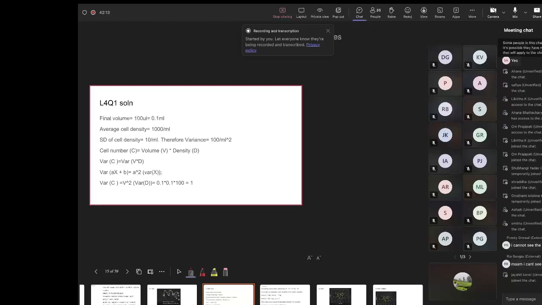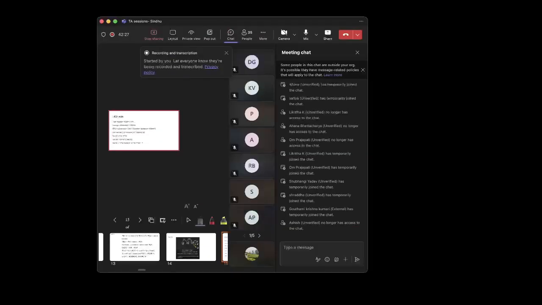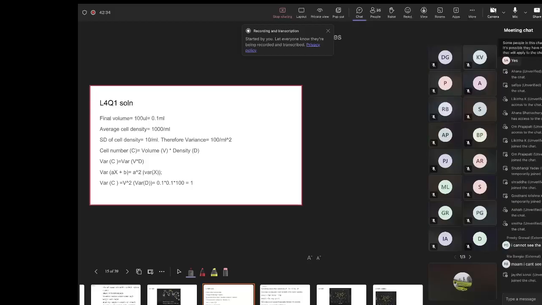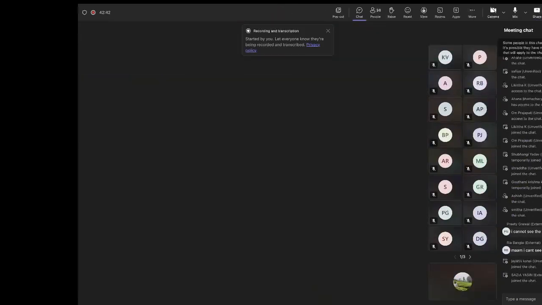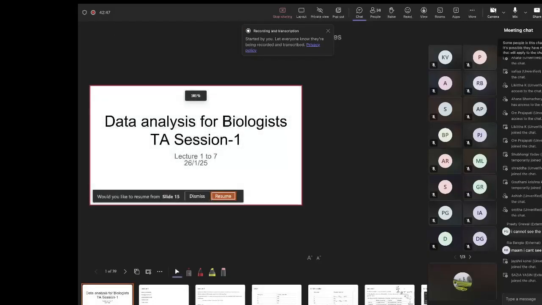So now I have shared the slides in the presentation mode itself, within Teams itself. So if you open the Teams window, can you check if you see it? Just make sure that the window is open. So I'm just resharing it because some of you have said in the chat that you're not able to see the slides.